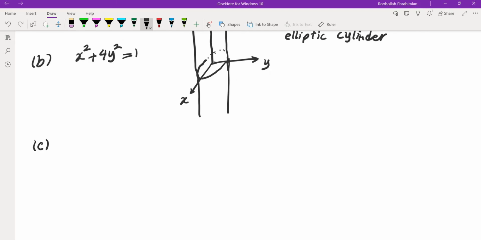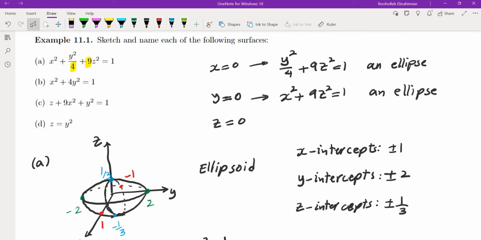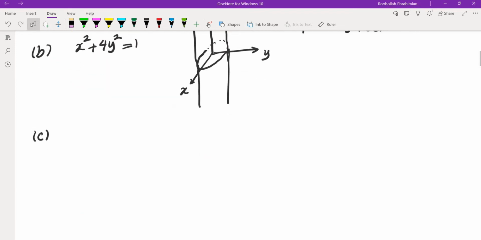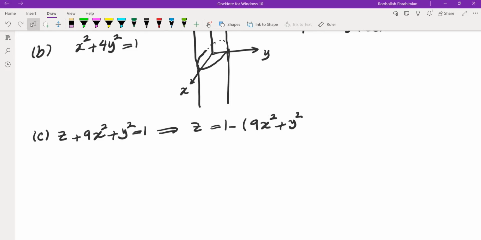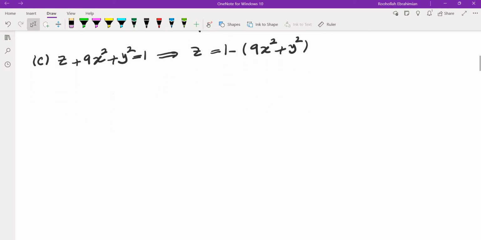Okay, let's look at the next one. The next one is z plus 9x squared plus y squared equals 1. Let's find z from here. This is 1 minus 9x squared plus y squared. So last time we saw that z equals 9x squared plus y squared is a paraboloid. It is in fact an elliptic paraboloid. So let's graph that one first.